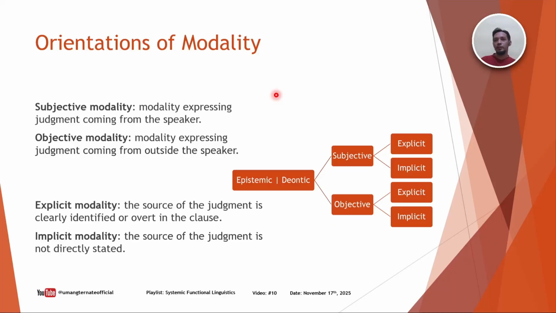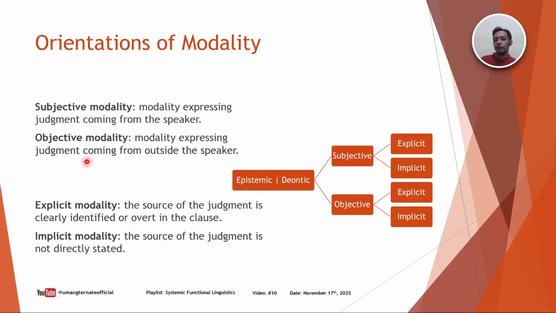But as we can see later in the examples, it is not confined only to the use of the personal pronoun I or we. The point here, the subjective modality represents the speaker's personal judgment. Okay.